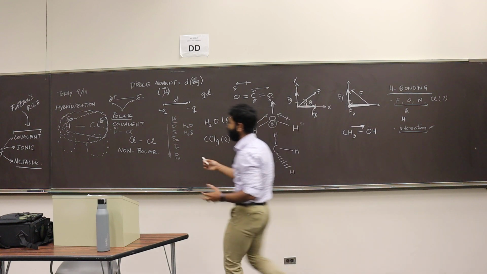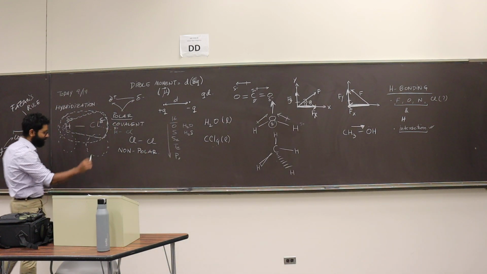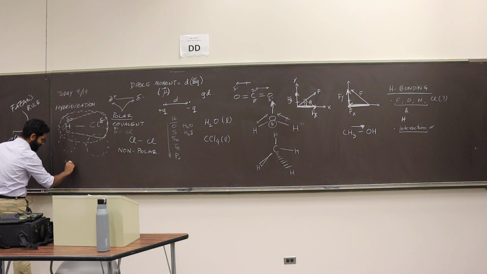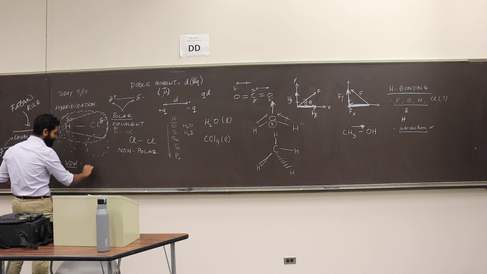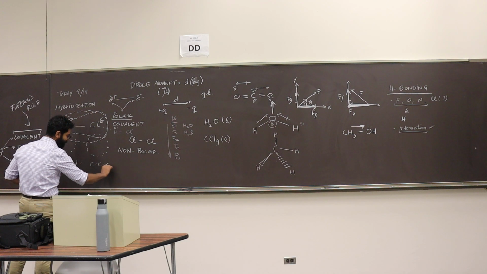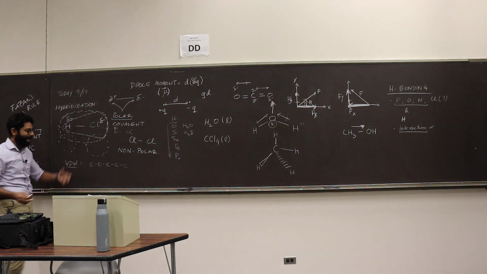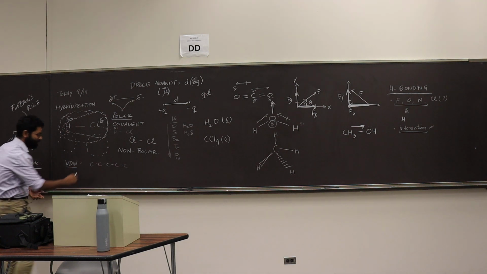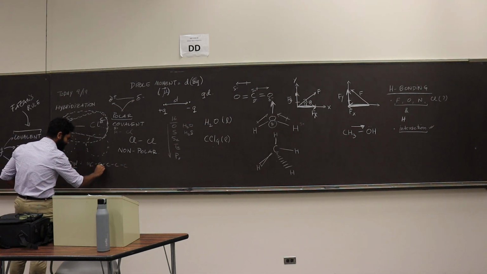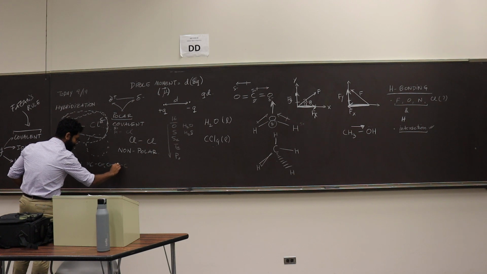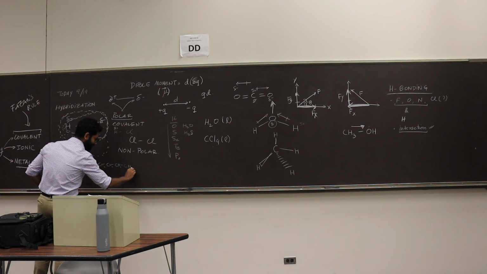So, if we are thinking about van der Waals first, let's look at van der Waals interaction first. So let's assume you have a pentane. I'm not showing the hydrogens. It will be something like this.